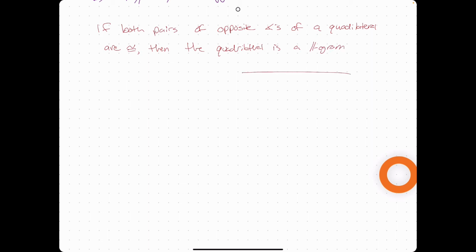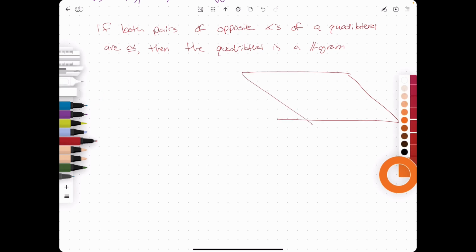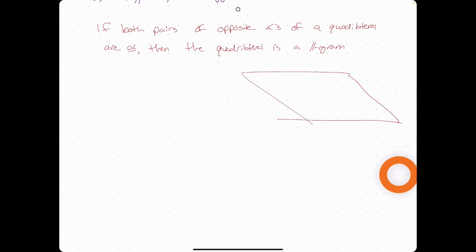Let me try that drawing again. There's my parallelogram. So if I know that opposite angles are congruent, then what it's saying is that I would know that opposite sides are also parallel, right?